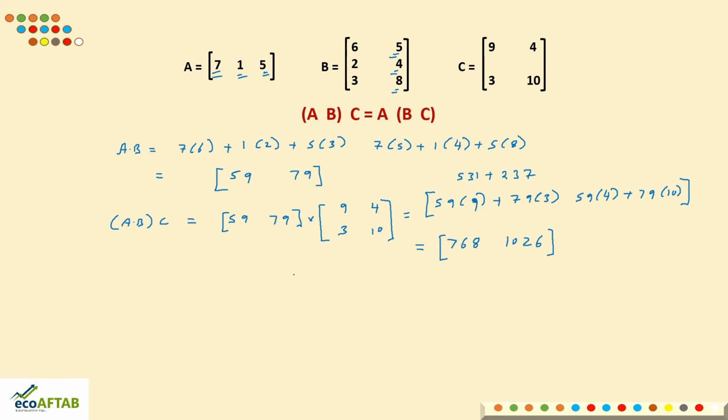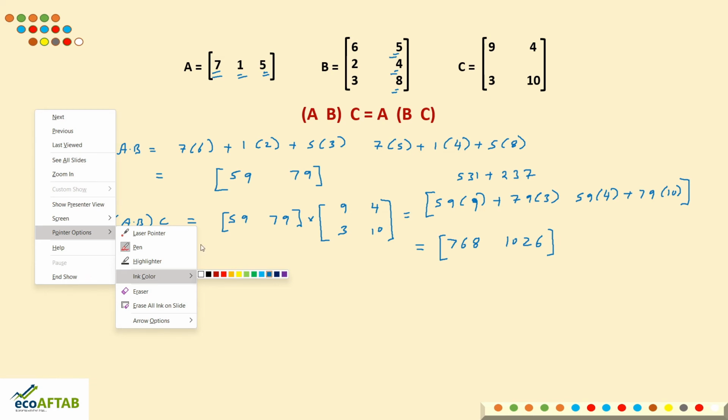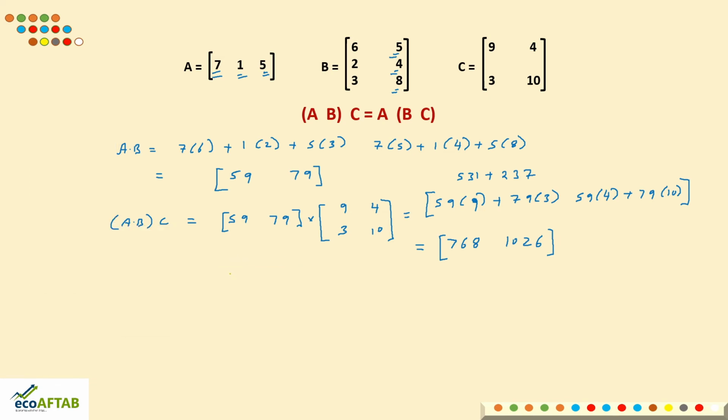I hope you got it. So the first part that we wanted to know, AB into C, we got it as 768, 1026.